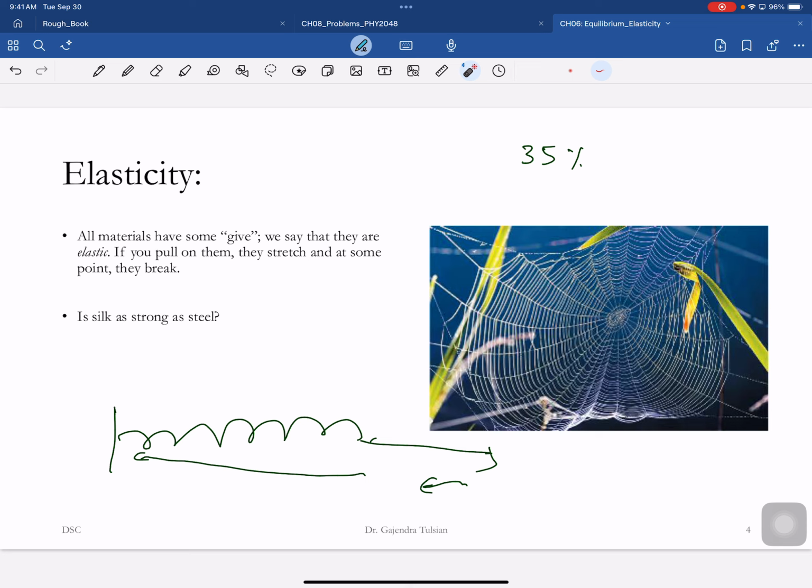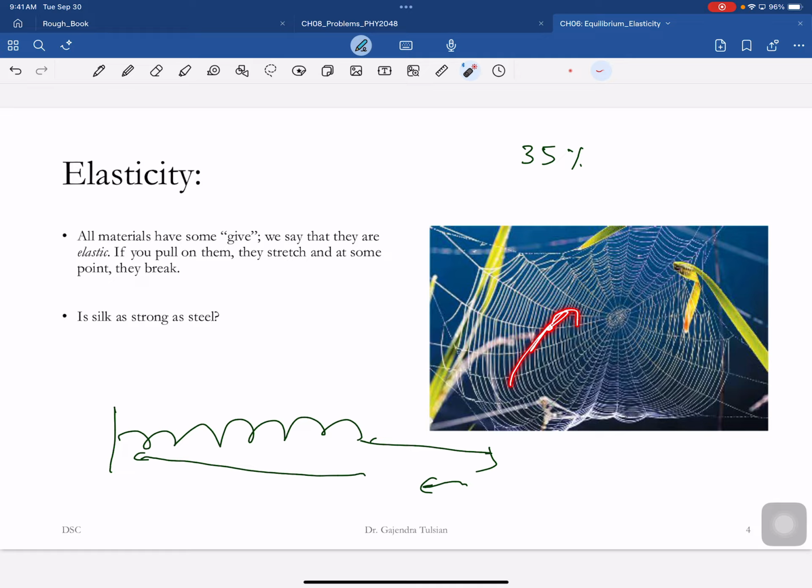Yes. And that is fun. What is this guy trying to do? A bug comes and lands there, and you want to catch it. If it gave back all its energy, it would throw the bug right back. It doesn't want to do that. So you had to design a system where you didn't give back all its energy. So it gives back only 35% of the energy.